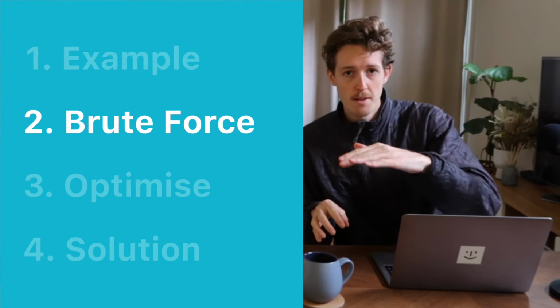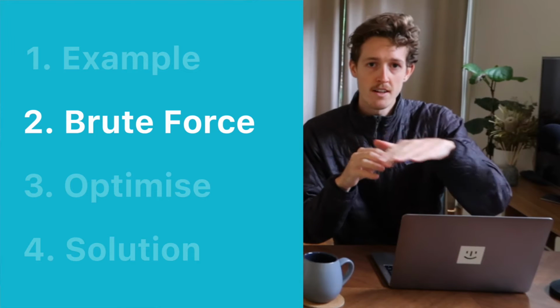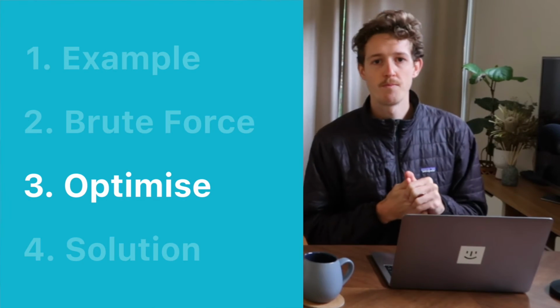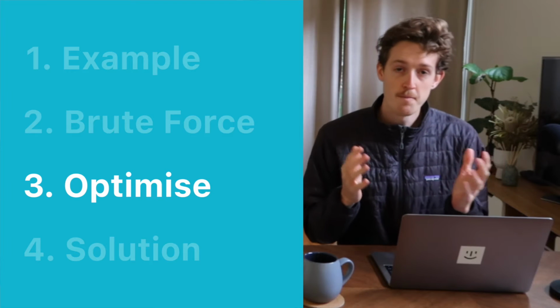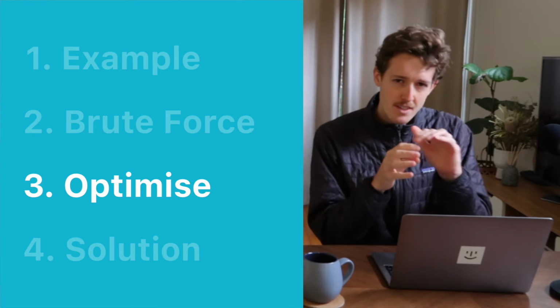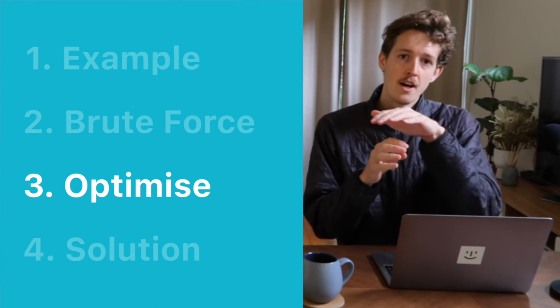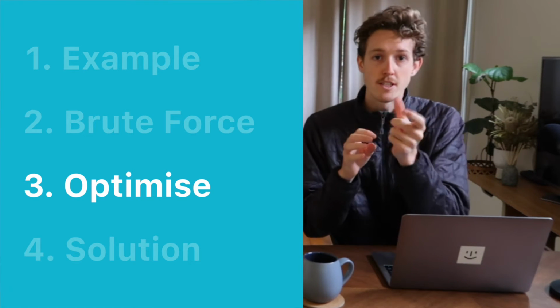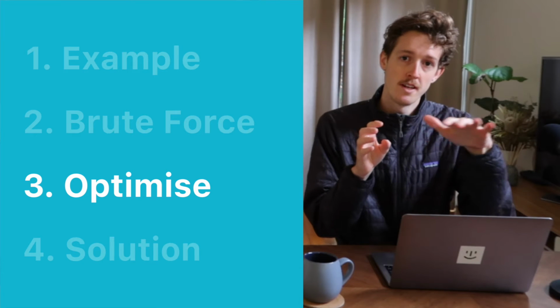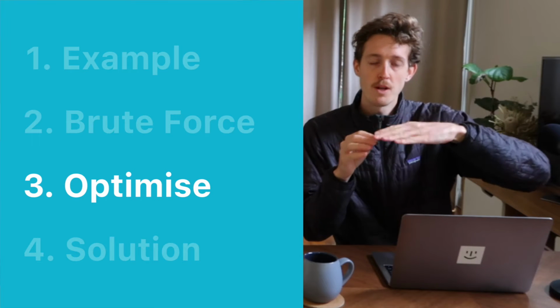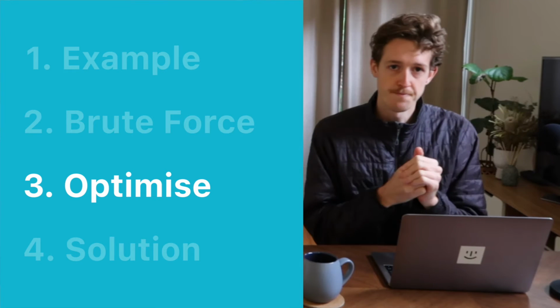Once we've got that, maybe your solution was quadratic in time, and then you might notice a certain property of the question that you can exploit to get that down to log n time or even linear time. So that's our initial point, and then we might have an optimized solution.